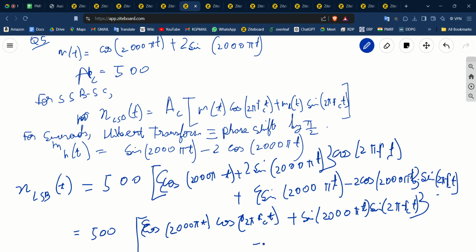Next, we take 2 common, with a minus sign, and bring the second term first.